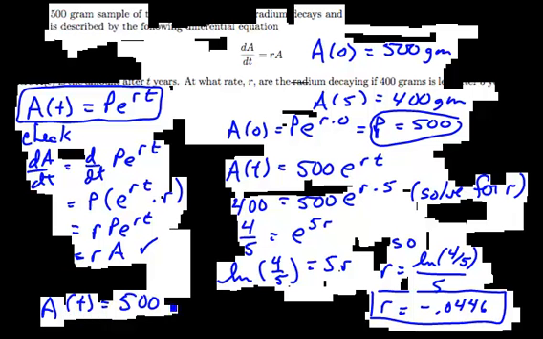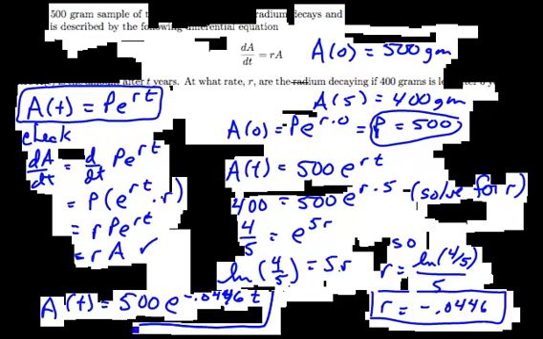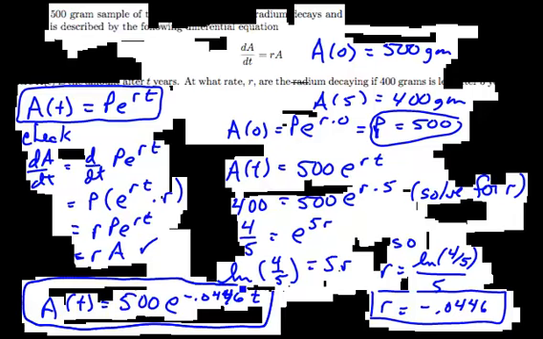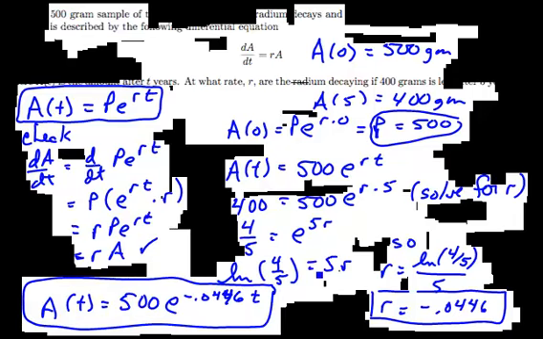The amount at any time is 500 e to the minus 0.0446 t. And I can use this now to accomplish many other tasks in terms of finding out how the amount of radium is changing over time.